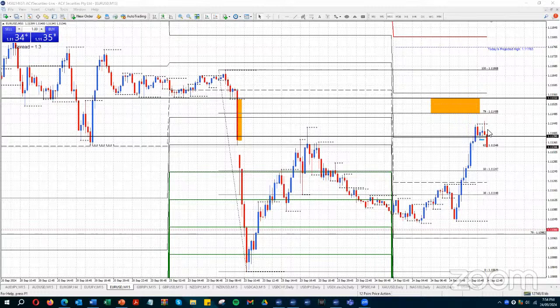So you could be getting short, stop somewhere above this top here or somewhere above here. Looking for this to today come down and challenge yesterday's low.